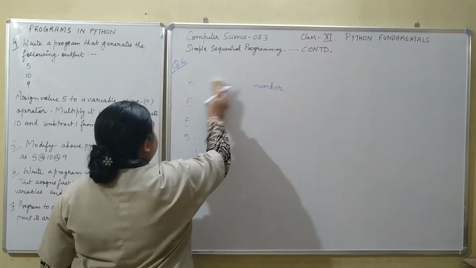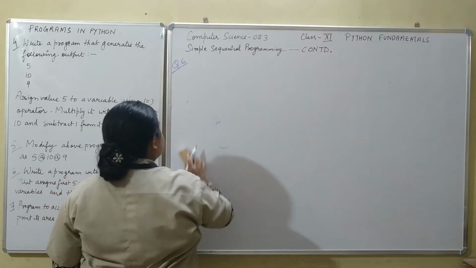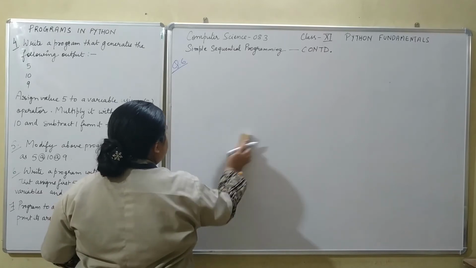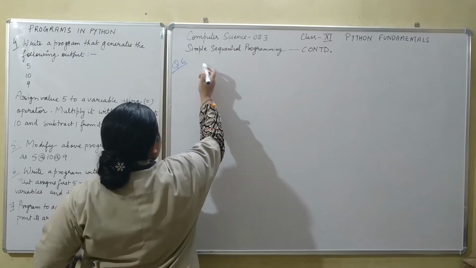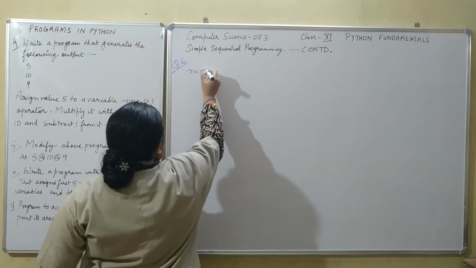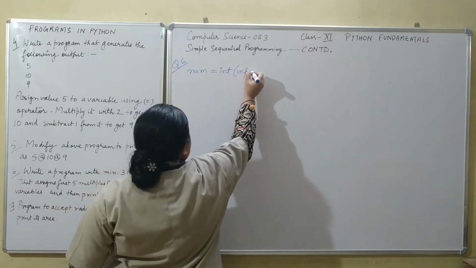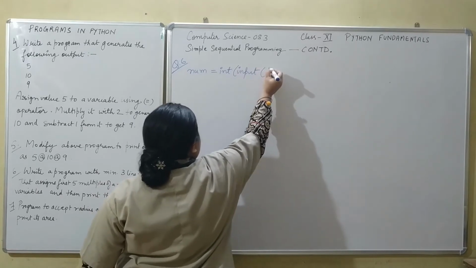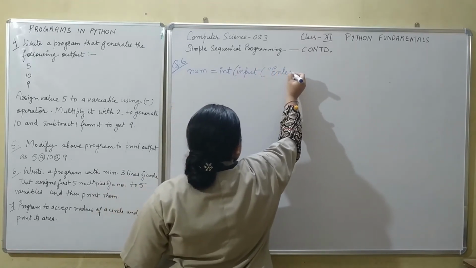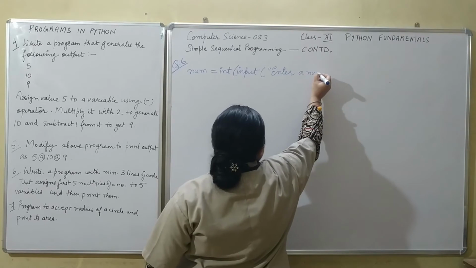So any number, they are saying multiples of a number, that means the number has to be asked from the user. So we will write num equals input, enter a number.